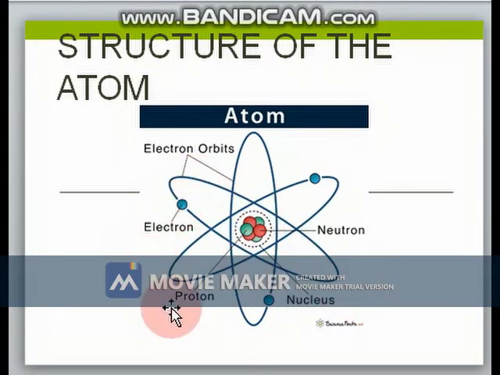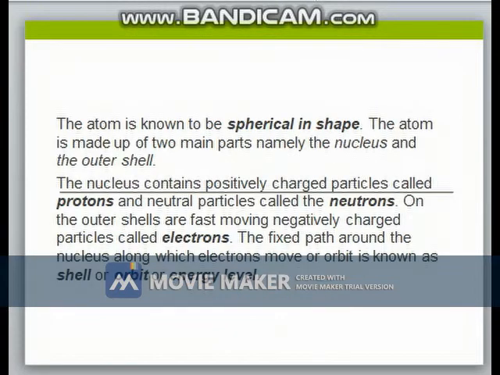So the subatomic particles are the proton, neutron, and then the electron. So this is how finally the structure is. So you have your electrons in the electron orbit with the protons and neutrons in the nucleus. Let's move to the next slide.